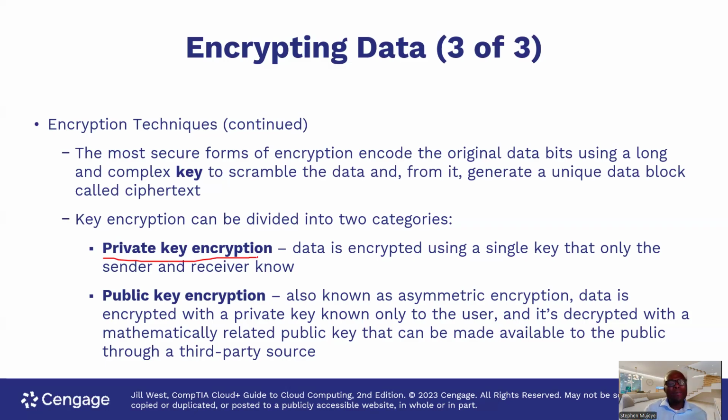And then the public key encryption, which is also known as asymmetric encryption. In that situation, data is encrypted with a private key known only by the user. This is not shared with anybody else. That is what is used to encrypt it. But when it comes to decrypting it, it's decrypted with a mathematically related public key that can be made available to the public, as the name signifies.